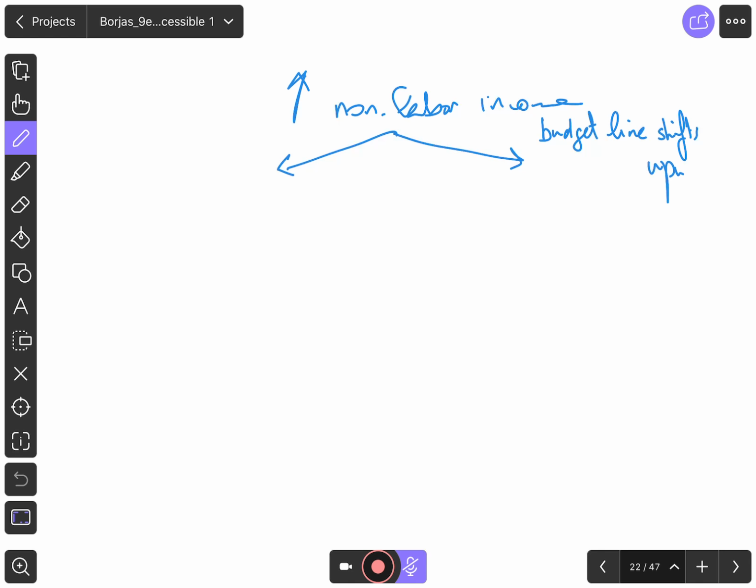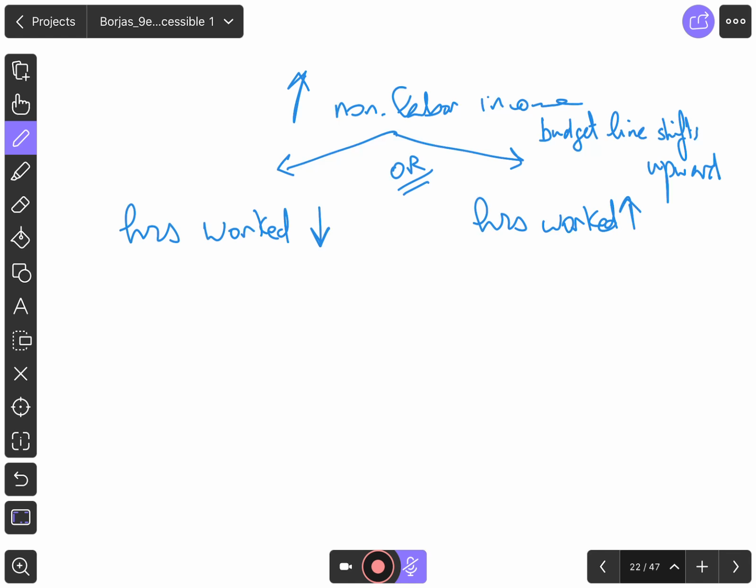This is going to happen under the two possibilities. But hours of leisure or hours worked can decrease, or hours worked can increase. So we have two possibilities.